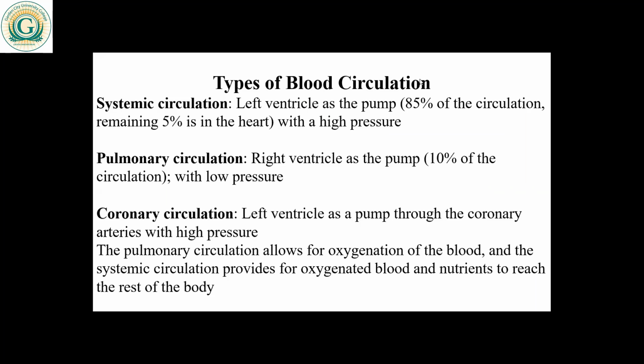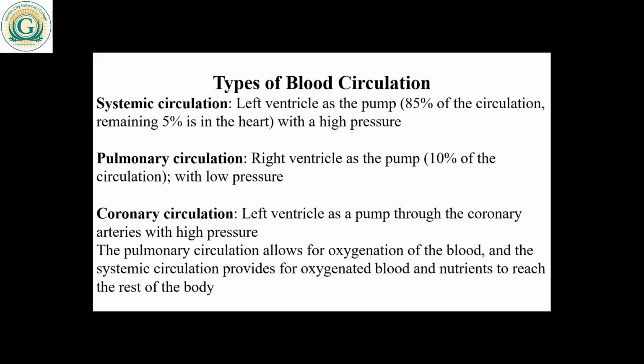We want to look at the types of blood circulation. We have systemic circulation, where we have blood leaving the heart to every part of the body. With this systemic circulation, the main chamber where the blood is pumped out is the left ventricle.